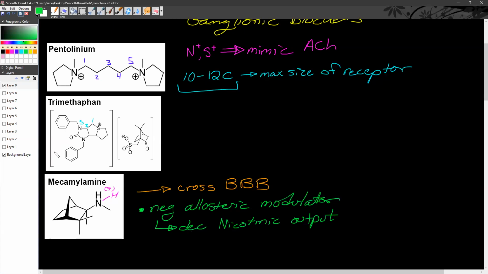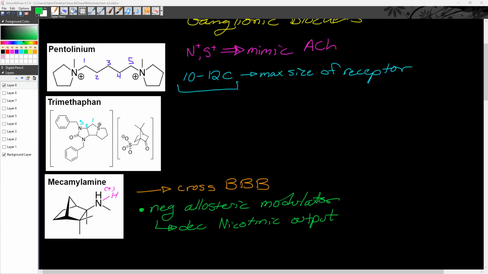When someone is using tobacco or nicotine products. So the function of mecalamine is to decrease the output of nicotinic receptors in the CNS. The benefit is to give it to someone who's trying to quit smoking, so they get less and less benefit from their nicotine over time. It has some significant side effects, so we don't really see it that much anymore.